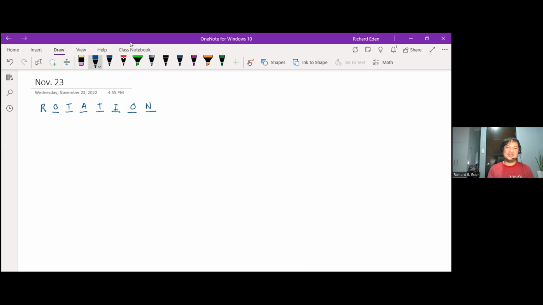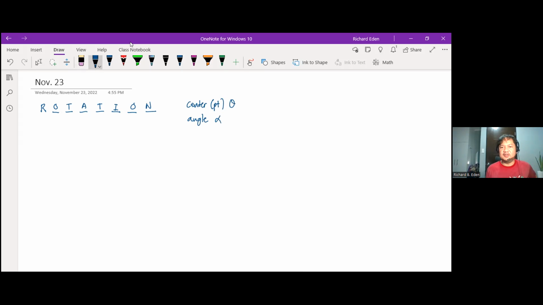So, the two ingredients of rotation are a center and an angle. A center which is a point, let's call it O, and then an angle, let's call it alpha.